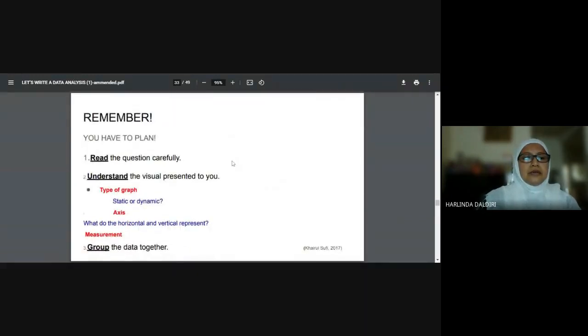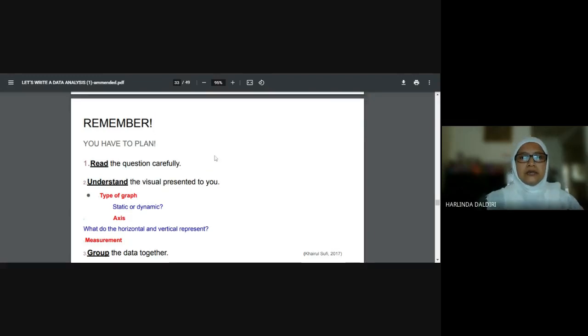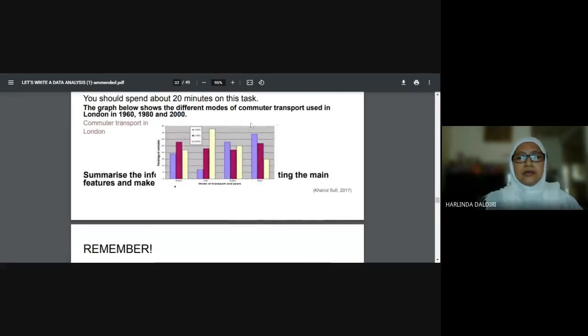So remember, when you receive your question paper, you have to plan and read the question carefully, like I mentioned just now. Sometimes you get excited when you see a bar graph, and then you quickly say, oh, this is a static bar graph, and you write a wrong analysis.